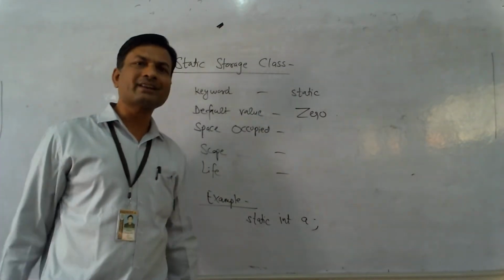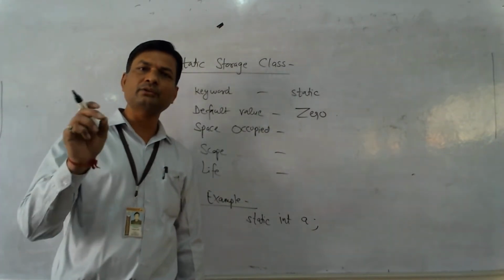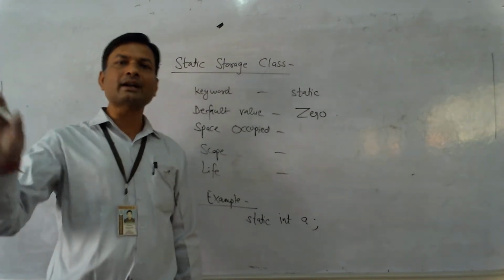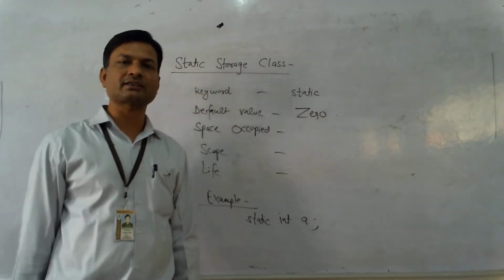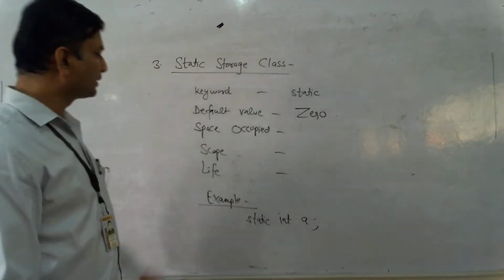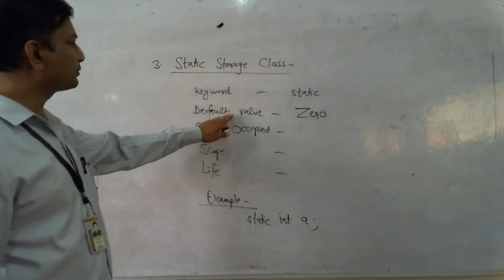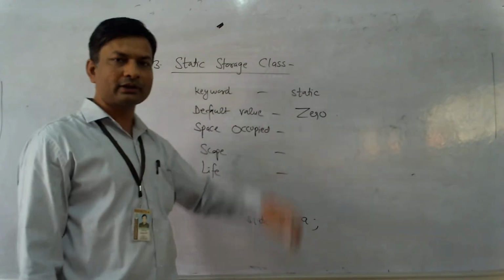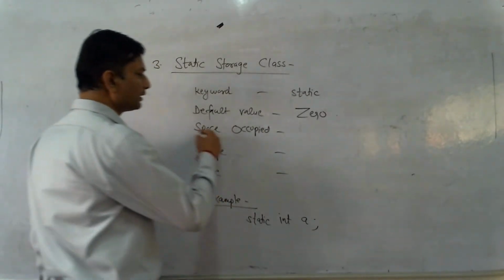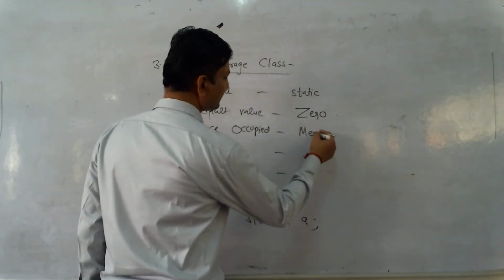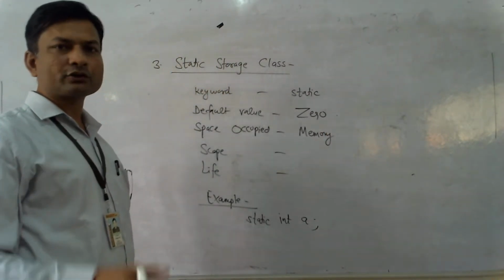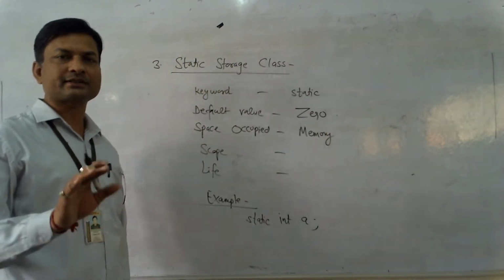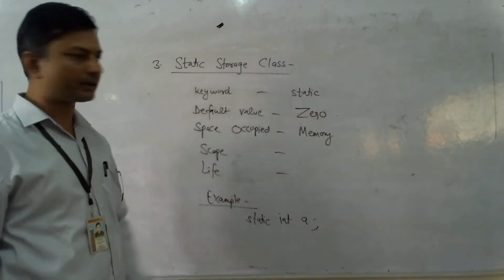Do you know what a garbage value is? Garbage value is a value that does not have any meaning for us. Means the value which is meaningless for us is called garbage value. So a variable belonging to static storage class has default value 0. It will occupy space in memory, like a variable belonging to automatic storage class, as default space occupied in memory.